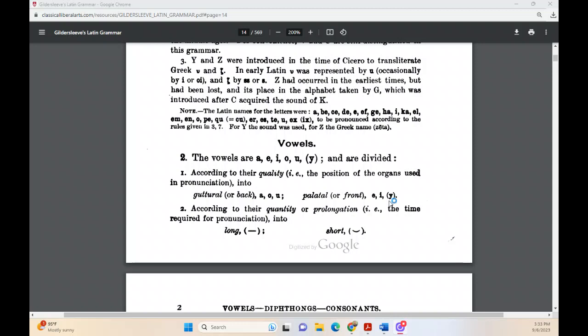First of all, remember this is a palatal vowel, so it's going to be made in the front of the mouth. What you're going to do to make the sound of this upsilon is round your lips as if you're going to say oo, oo, oo.